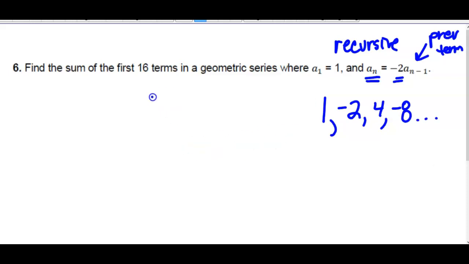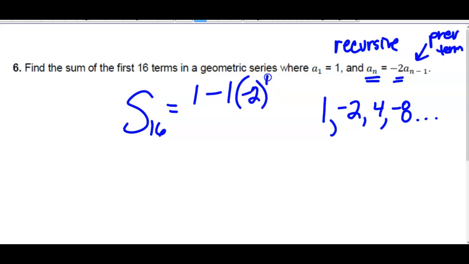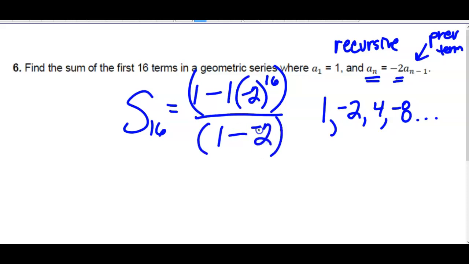So we are to find the sum of the first 16 terms. So you'd have the first term minus the first term times r, which is -2, to the 16th. And if you wanted, you could put that whole thing in parentheses and then divide by 1 minus r, which is again -2. Make sure you type that in as minus a negative, or you put extra parentheses, or you could just make it plus positive. What you cannot do is change this to plus positive, because the exponent power happens first.